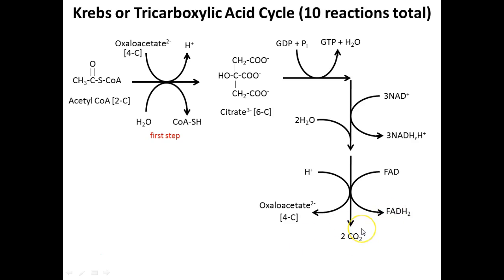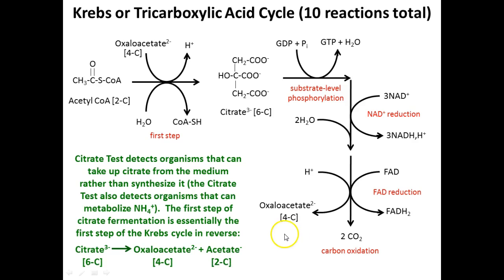More carbon dioxide is produced. Notice again, this is substrate level phosphorylation at the enzymatic level. Reducing, we're gaining electrons to these electron carriers, and carbon is oxidized. It has lost electrons.